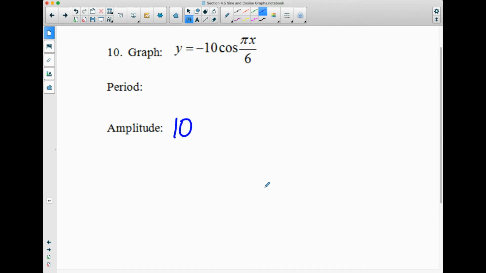Not -10. Okay. The period of the function is 2 pi over b, which in this case is pi over 6.